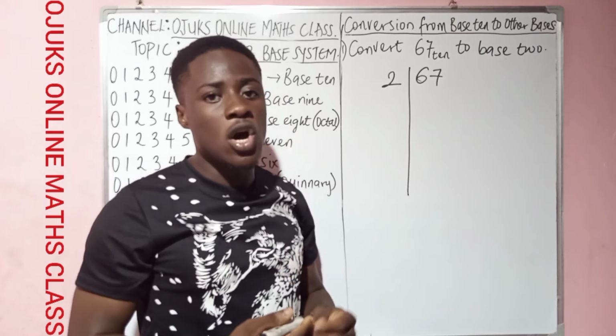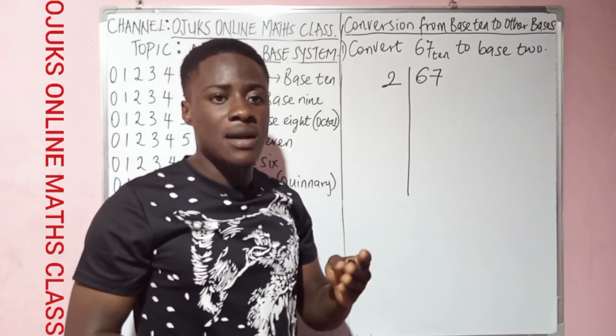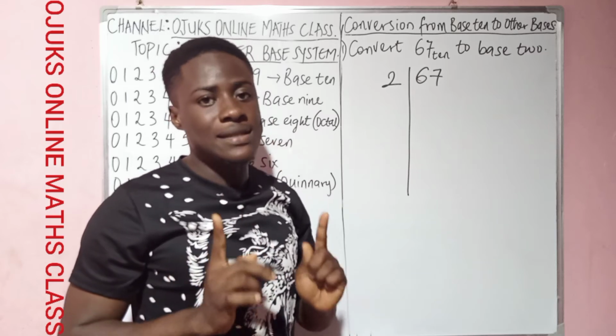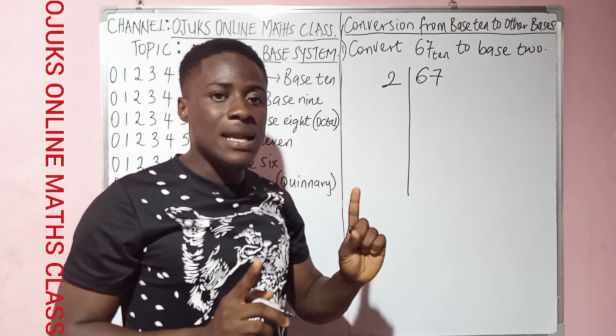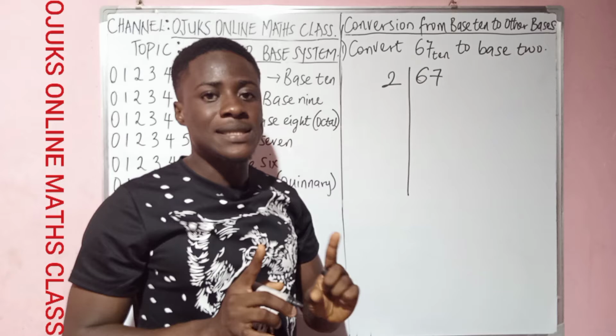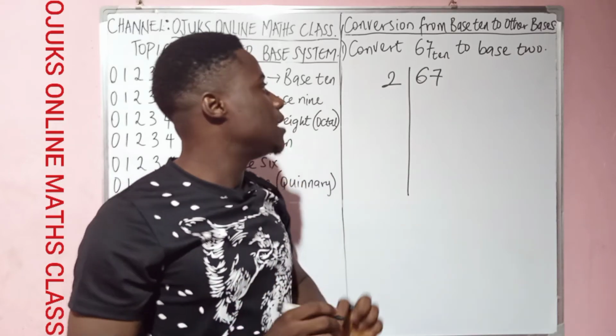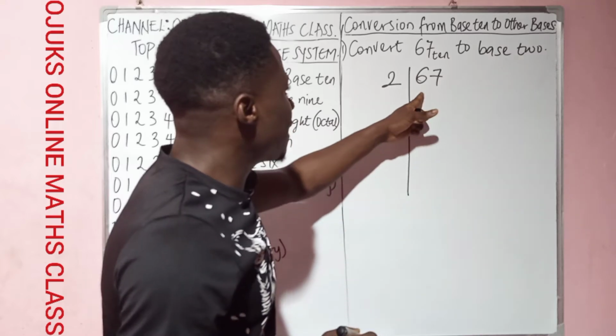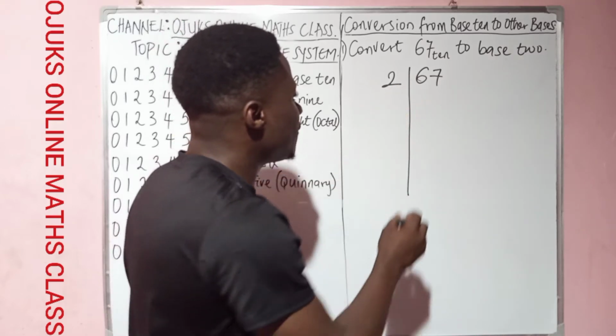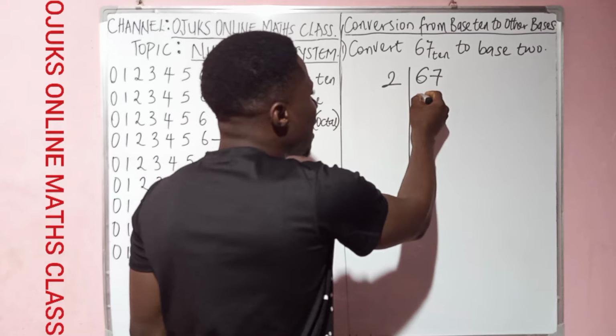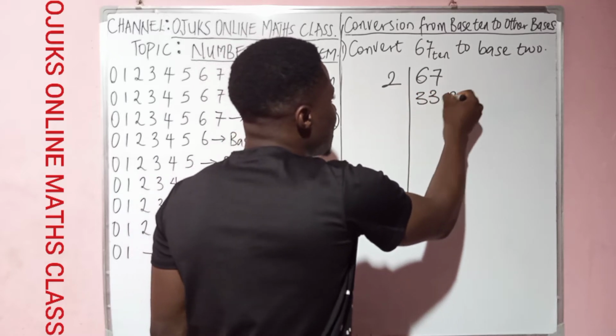So our answer should revolve around just 1 and 0, because 1 and 0 are the numbers expected in base 2. Now let us divide to get our result. 67 divided by 2, we have 33, remainder 1.